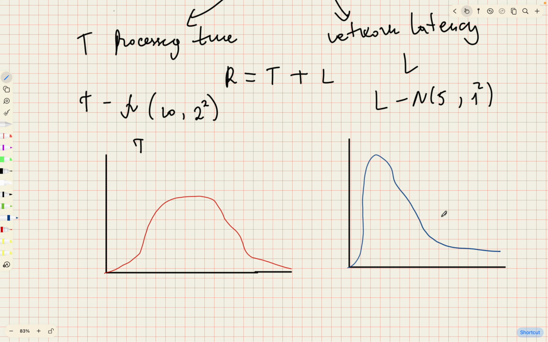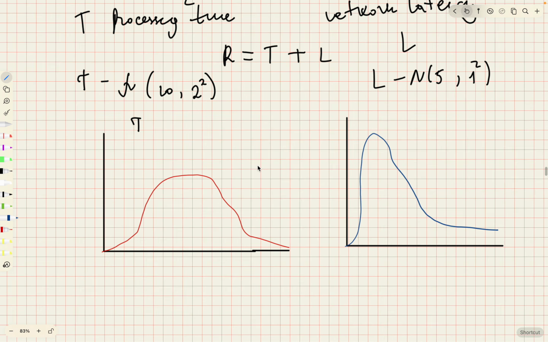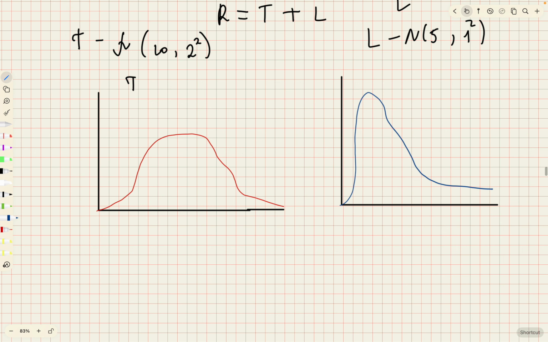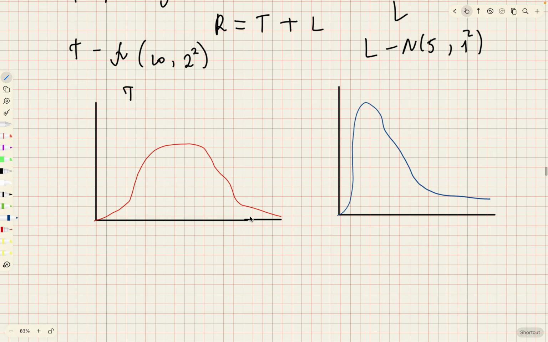Roughly speaking, the standard deviation of this distribution is less than the one on the left, so the distribution looks skinnier.